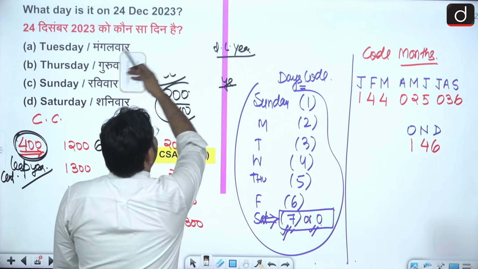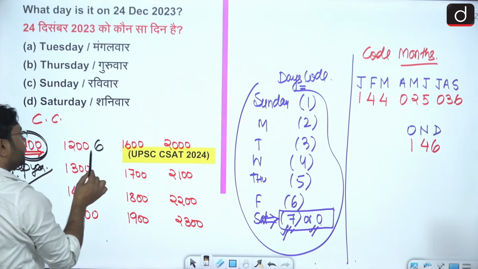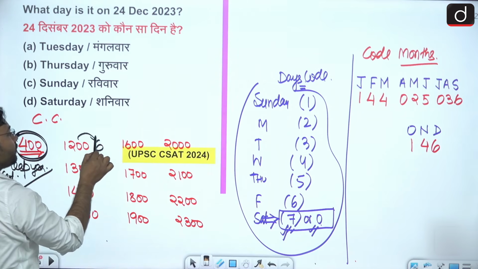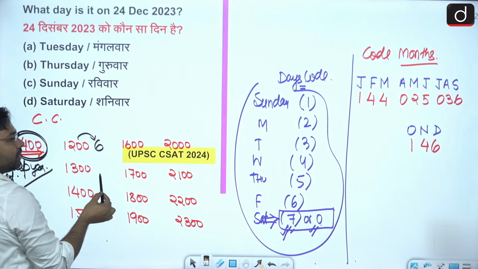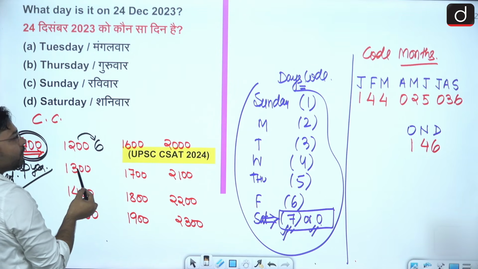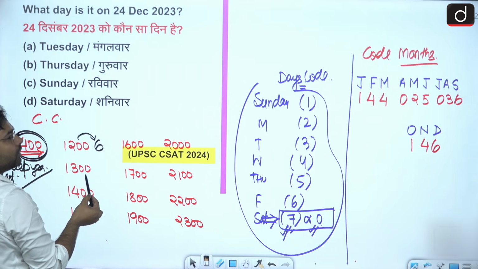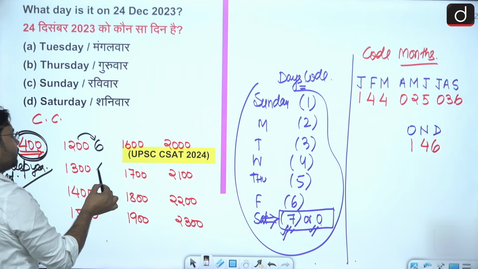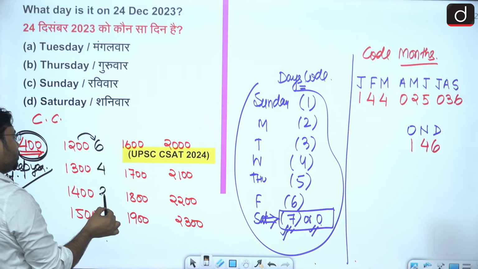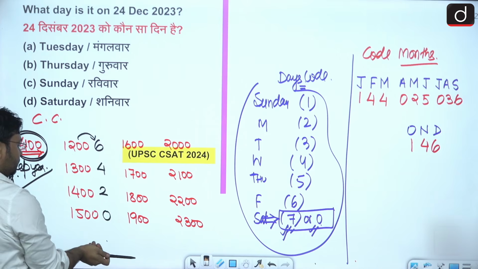So now 6 is the code for multiples of 400. Then the code for 1300. How many of you know? This is 4, this is 2, and this is 0.